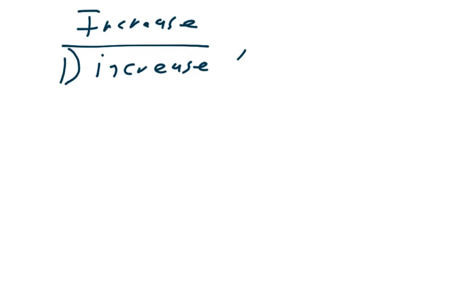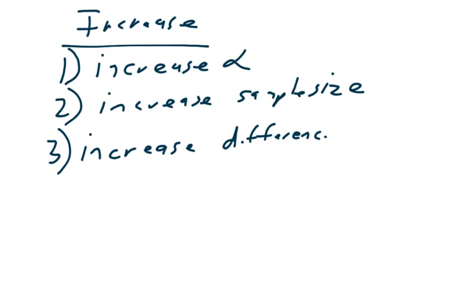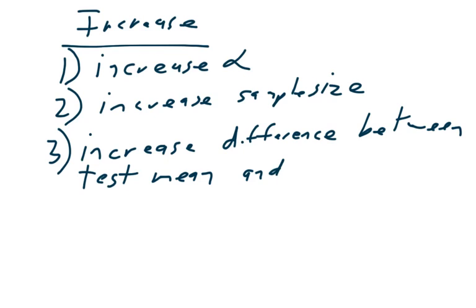So to sum up what we did here, to increase power, we can, 1, increase alpha. 2, we can increase sample size. 3, we can increase the difference between the test mean or proportion and the actual mean.